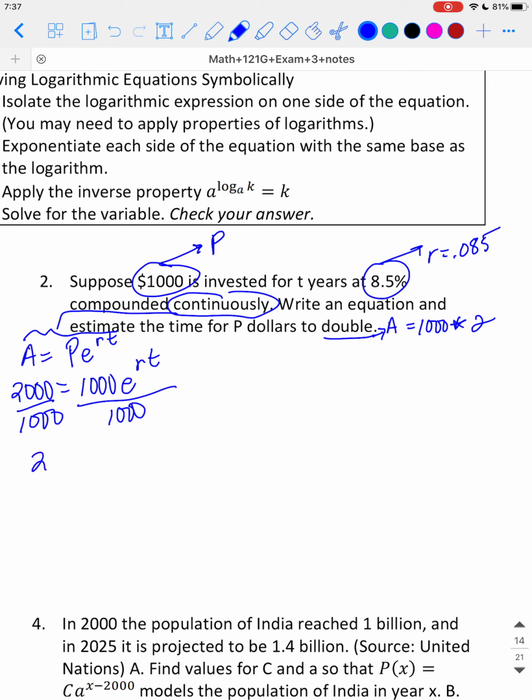So we still have here 2,000 is equal to 1,000 e to the rt. Divide both sides by 1,000. And I get 2 is equal to e to the rt. And so here my t is in the exponent. Oops, I forgot to substitute the r. So let me put that r in. It's 0.085.